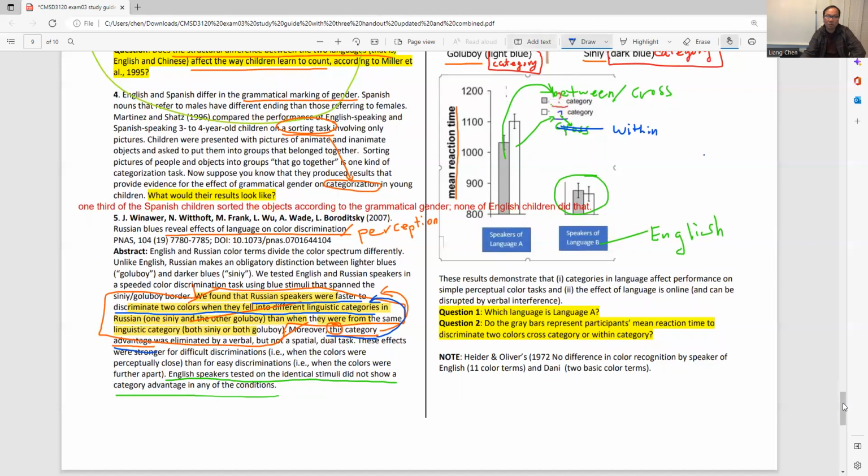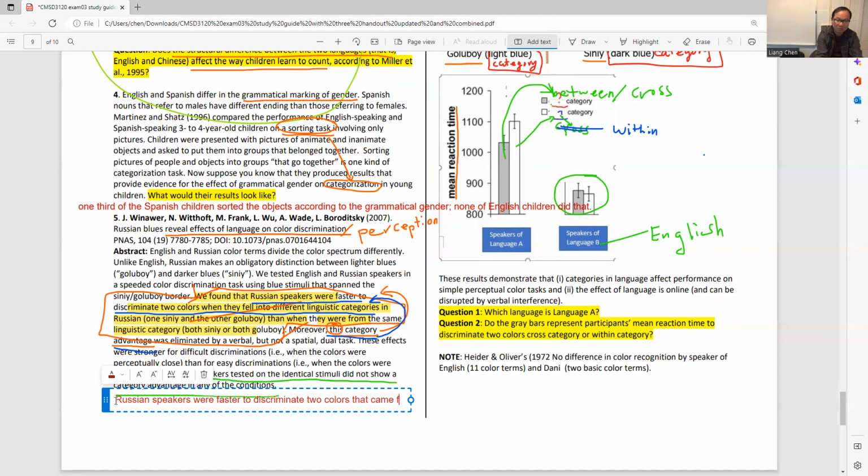So basically, if you want to rephrase the sentence: Russian speakers were faster to discriminate two corners that come from different categories.